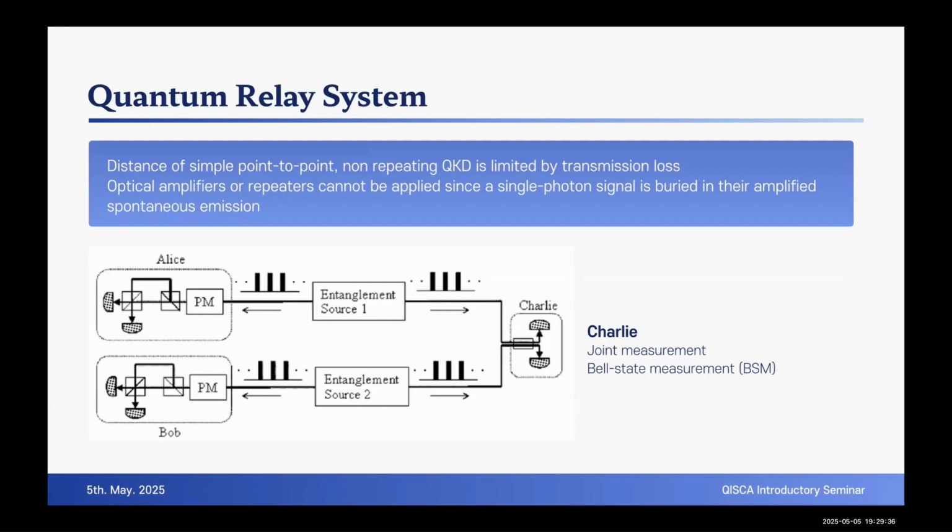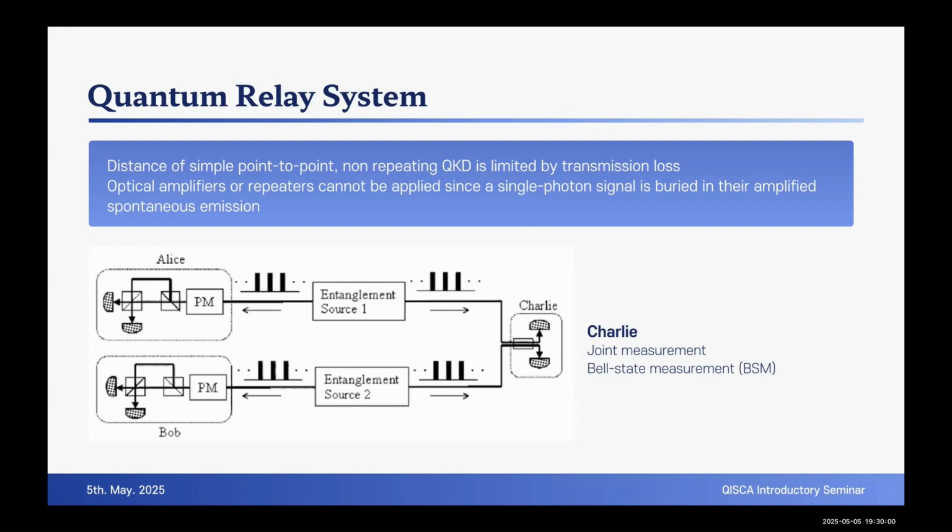These take advantage of entanglement to extend the communication range. In the configuration shown here, two entanglement sources send photon pairs to Alice and Charlie, and Bob and Charlie, respectively. Charlie then performs a Bell state measurement on the two photons he receives.